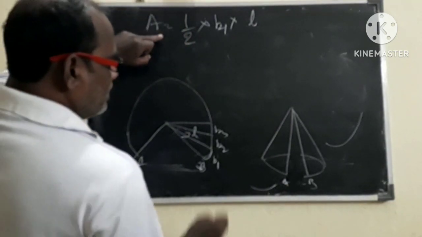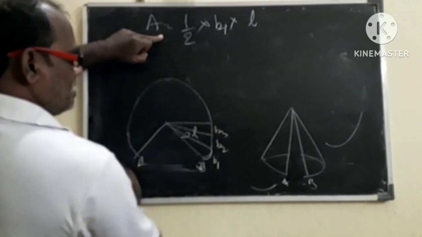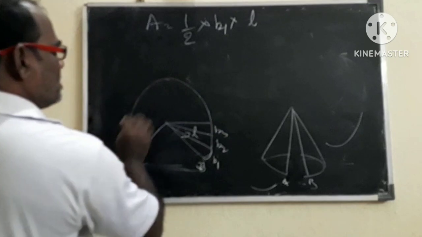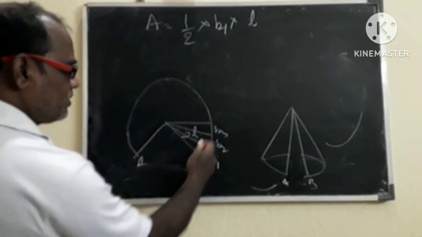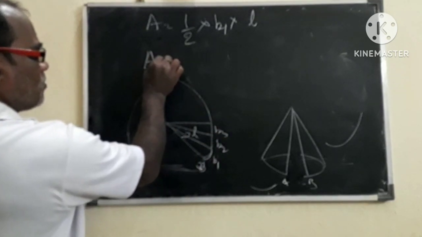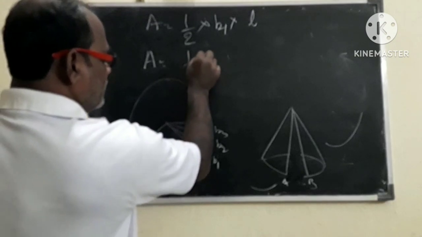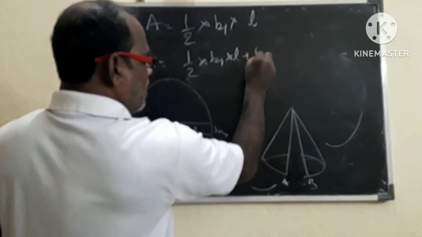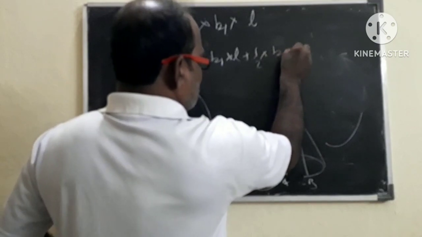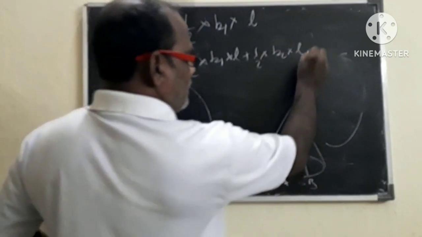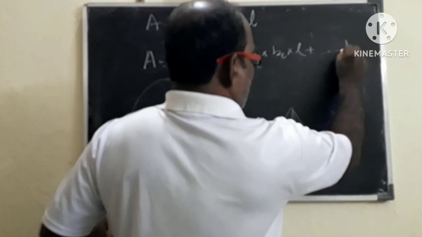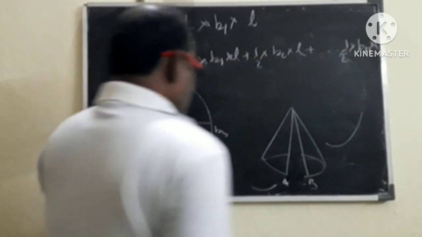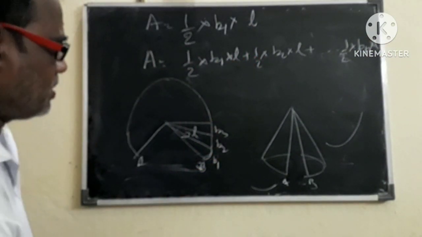Again, like this we have n number of pieces. If we add these n pieces, we get the total area of this cone. So the total area of this cone becomes half into B1 into L plus half into B2 into L plus half into Bn into L, as we have done n number of sections.